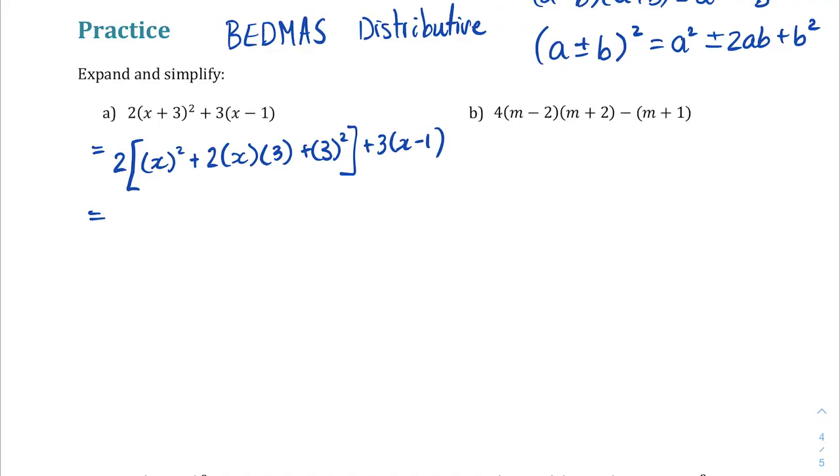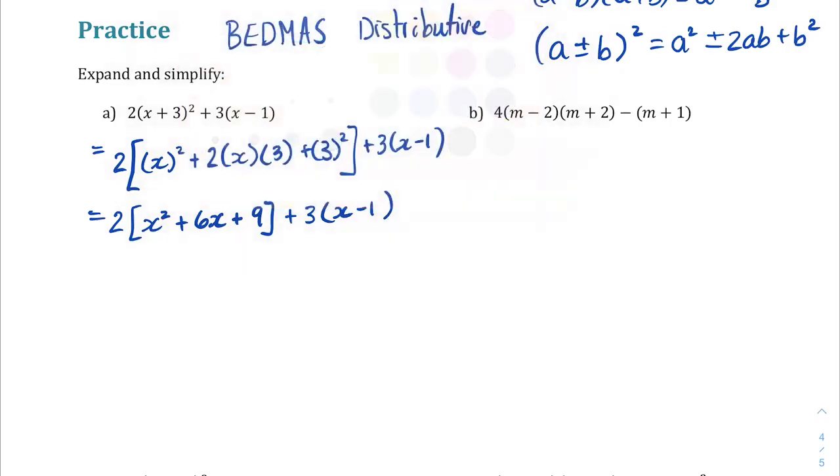So we didn't do anything to the 3x minus 1 yet. So let's simplify our square brackets. x squared plus 6x plus 9 plus 3x minus 1. Great.